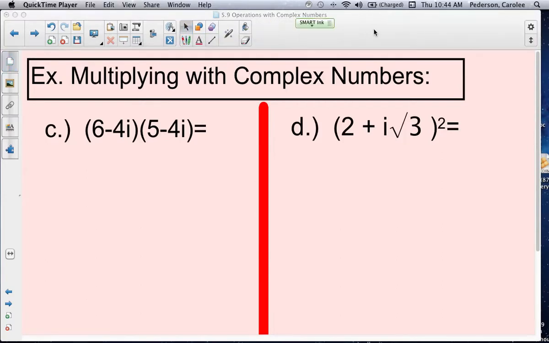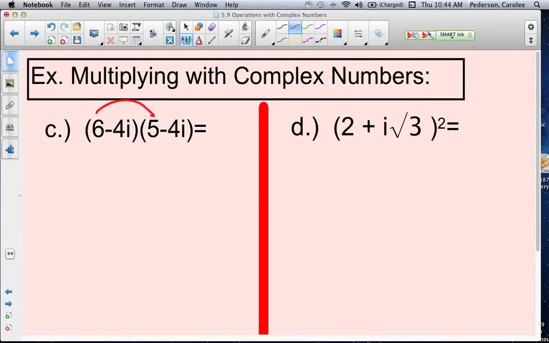Here's another example where we're going to multiply. So maybe question C, you want to just listen and watch. So we're going to FOIL again. We'll maybe do it a little faster now. So 6 times 5 is 30. Then 6 times negative 4i is negative 24i.